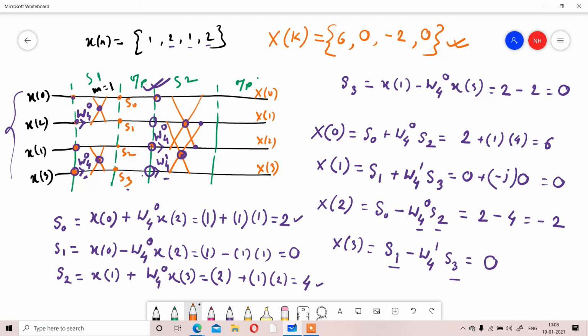Clear? So in that way you have to solve your DIT FFT. So is it now clear how to solve it? Okay.